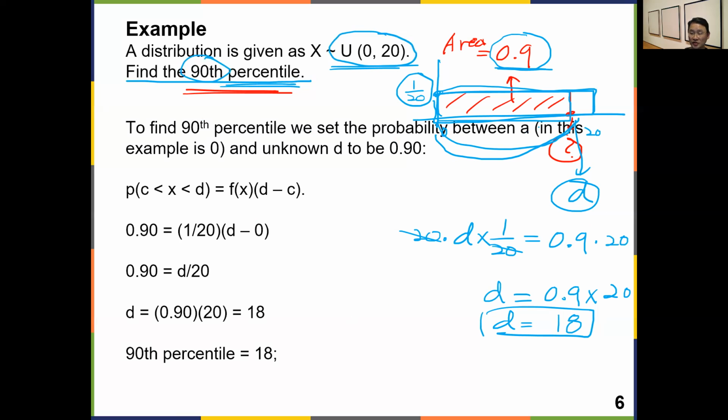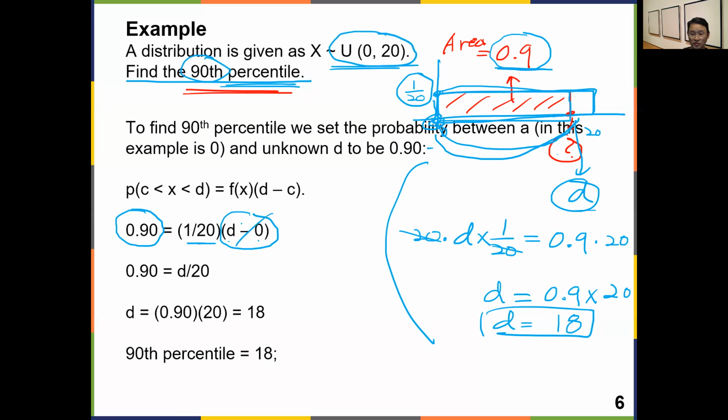And they are doing the same thing that we did here in a little more formal way. Let's say this percent from the beginning to that number is going to be 90%, 0.9. The base length goes from the beginning to that point, which is the D point, and this is the height.